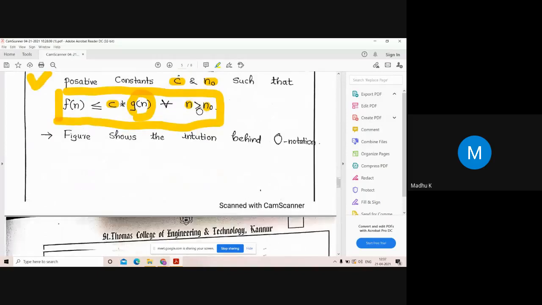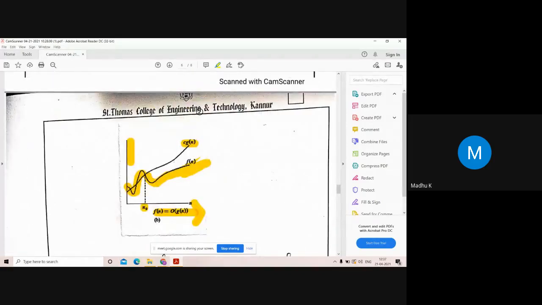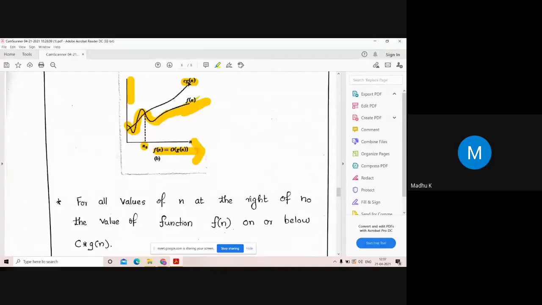This is the graphical or pictorial meaning of it. One curve is f of n, and another is c into g of n. C should be greater than 0.